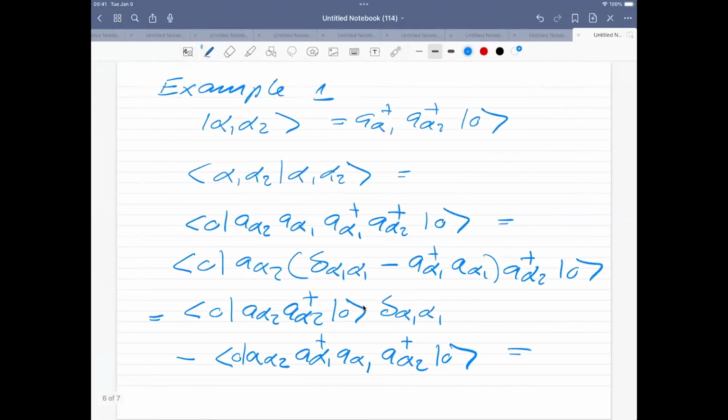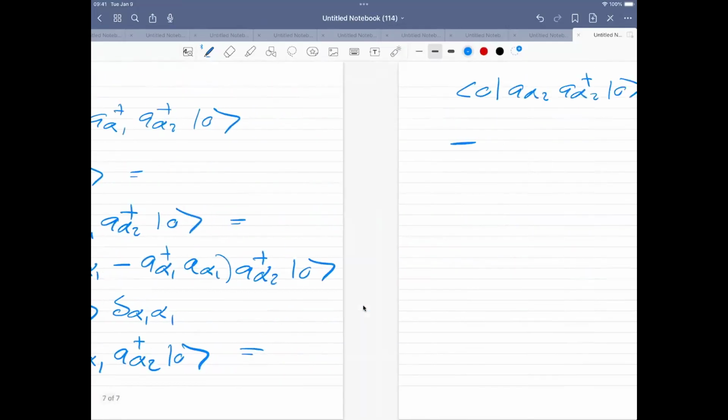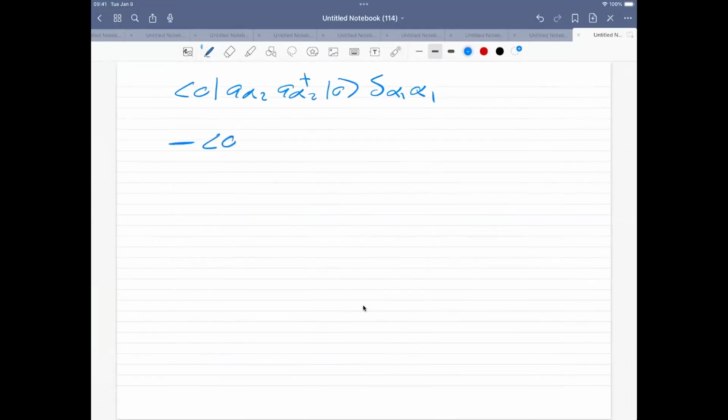So if we pick up the first term, we're going to have a term here where we now are going to interchange alpha 1 and alpha 2. So we're going to have minus 0, A alpha 2, A alpha 1 dagger. And then I'm going to have delta alpha 1, alpha 2 minus. And then I'm going to have a term which goes like A alpha 2 dagger, A alpha 1 of 0.